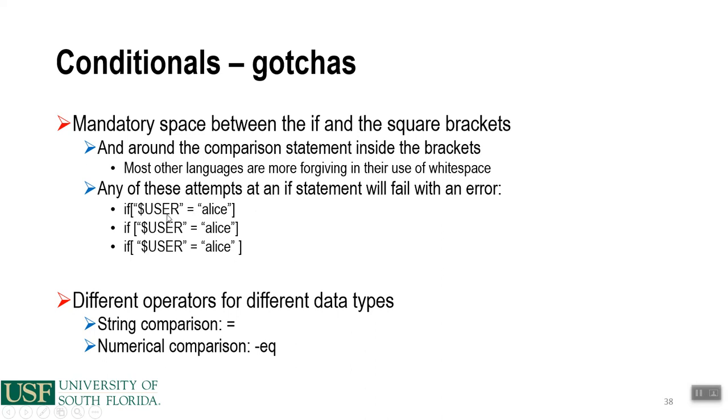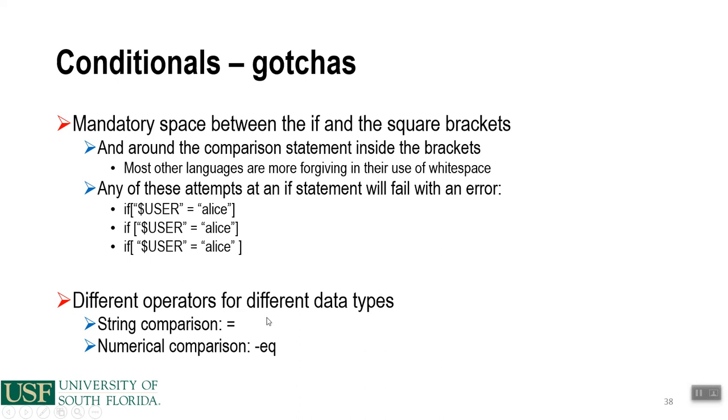So if you have a particular script that you're putting together for your assignment and it's not working, and it's showing some sort of an error, take a look at your spacing in there. The spacing in these if statements may not be where it should be, and there are different operators for different data types.